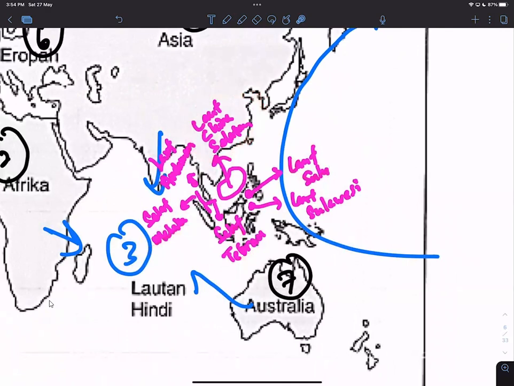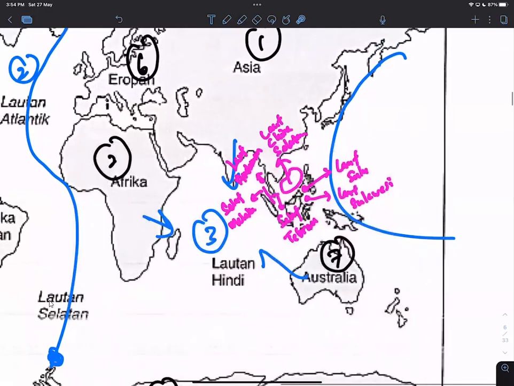Yes, Malaysia is surrounded by seas or oceans. Guys, read from Lokian. That's why Malaysia keeps receiving a lot of water vapor from the wind blowing from the seaside to our land. So that's why Malaysia is the most humid country in terms of climate.